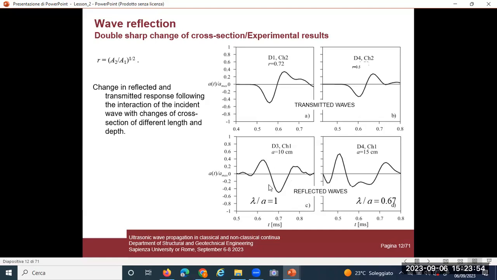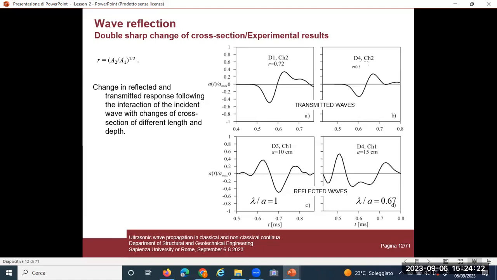But when the changes of cross-section are narrower, these two waves superimpose. So you see that here, for instance, A, which is the length between the two changes of cross-section, is shorter.